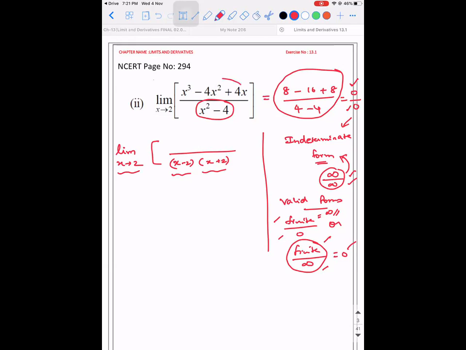So for that, I need to write this in the form of x minus 2. How do I write it? So for that, what we can do is x cube minus 4x square plus 4x is there, right? If you take out x common, then it is x square minus 4x plus 4, accepted. So x into x minus 2 the whole square. Guys, am I clear?